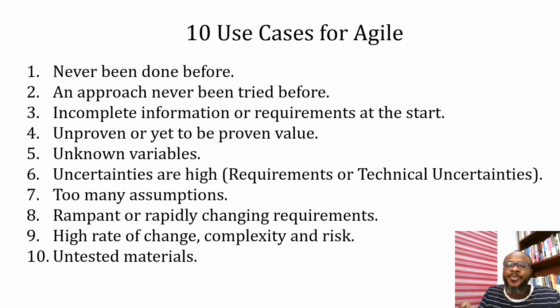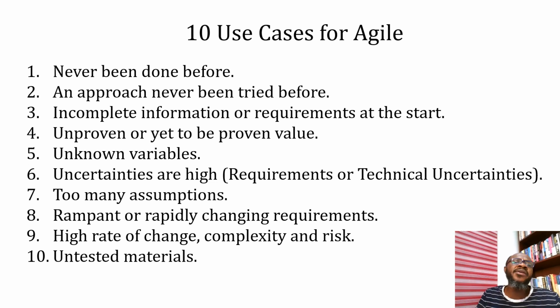So for most agile projects, the information available to fully develop the scope of the solution is usually scanty at the start, okay? But they start anyway, and the information comes in progressively, okay?